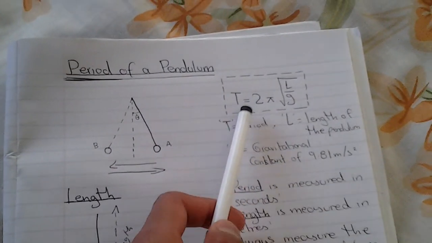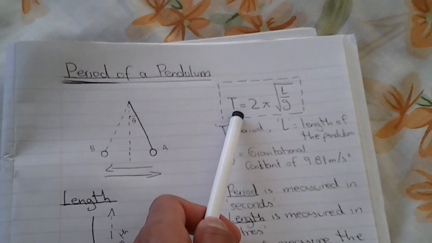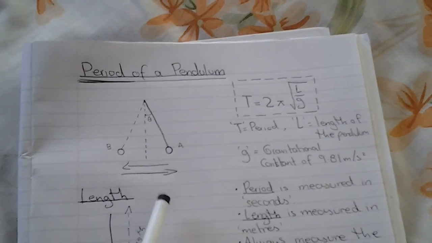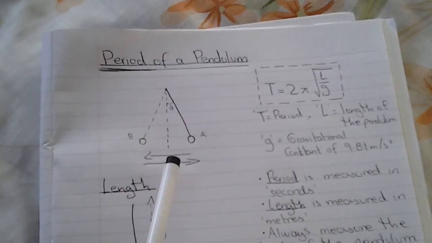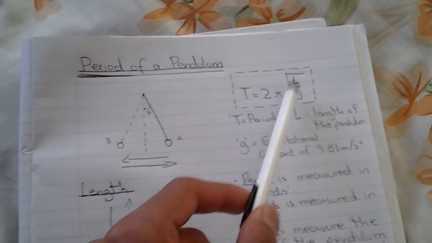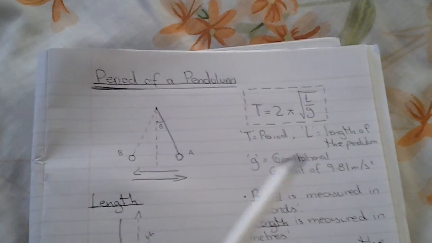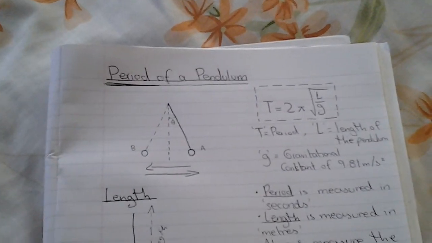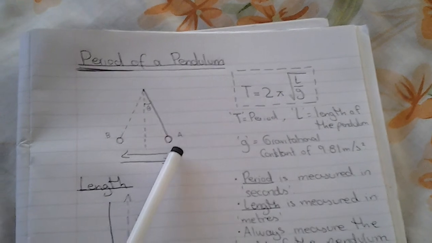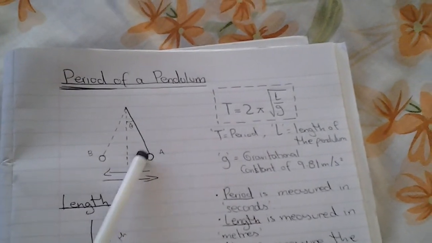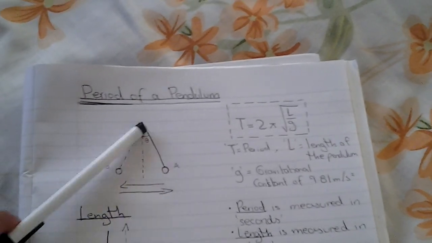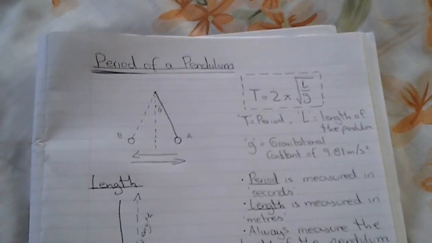And this formula over here allows us to calculate how much time that period takes, the period of any pendulum whatsoever. At first glance at this formula, we can see that it does not take into account the mass of the bob, the material attached to a piece of string or whatever it is.